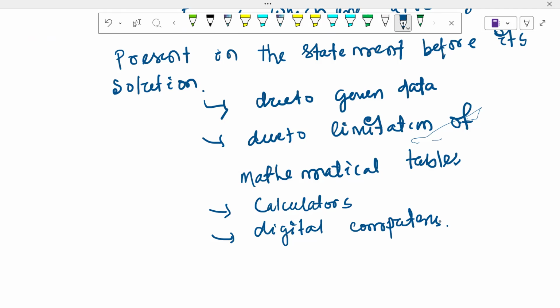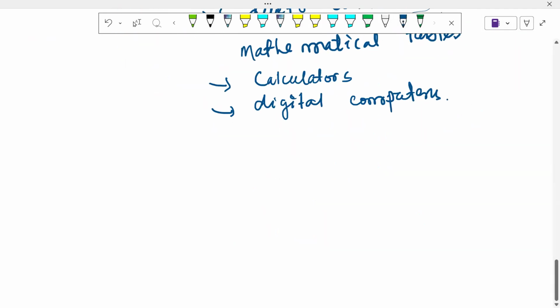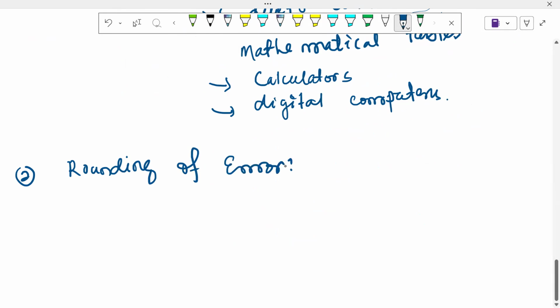Everybody knows that easily, I think. Second case is rounding of error.